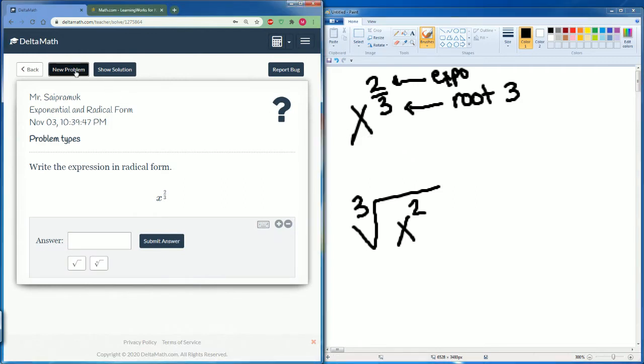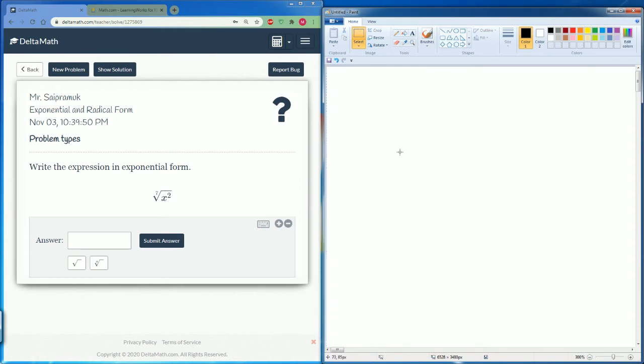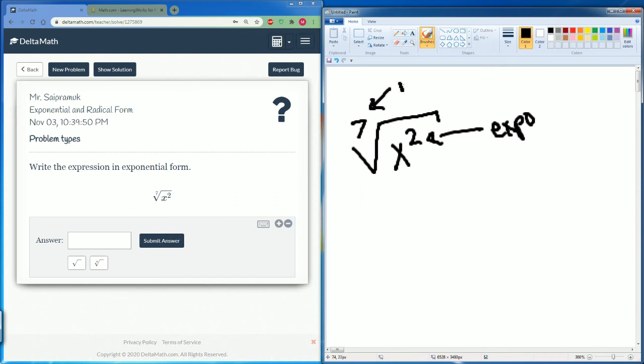Same thing, we already have that. Let's do this one. All right, but this time we see it differently. It's already in a radical form. X to the 2nd. So this is the exponent, and this is the root. So it's going to be x to the 2 divided by 7.